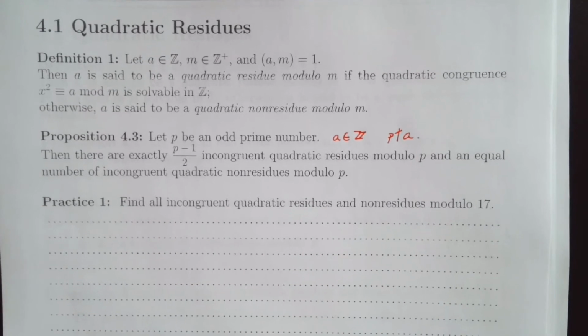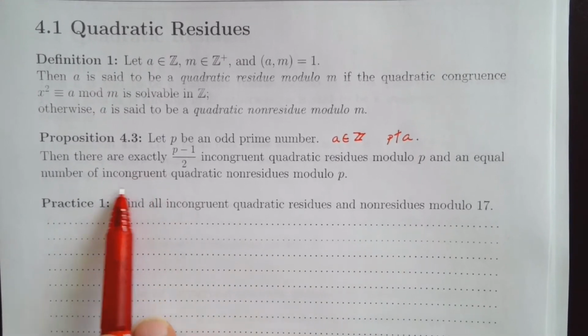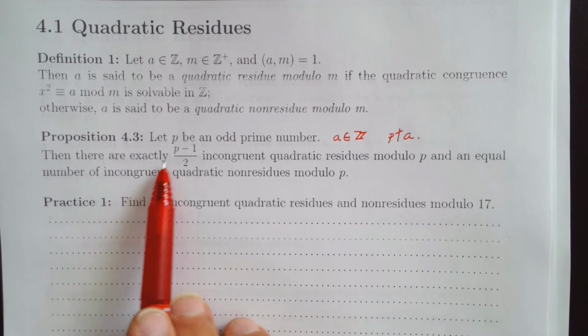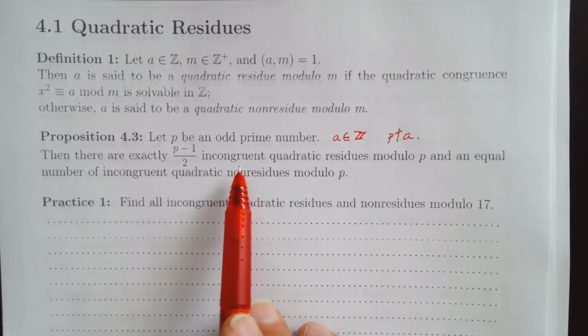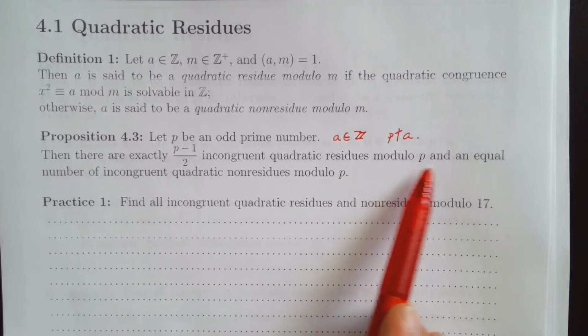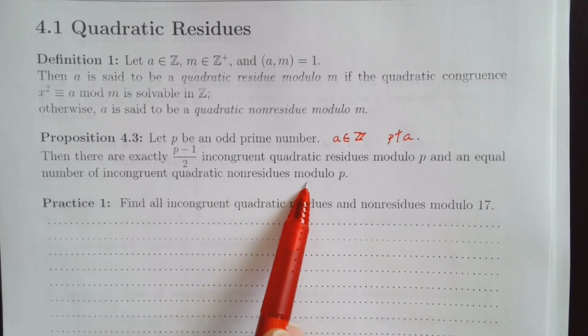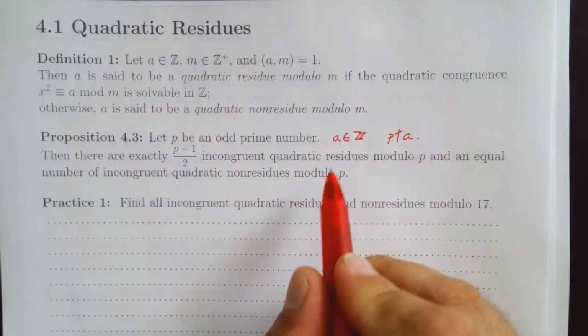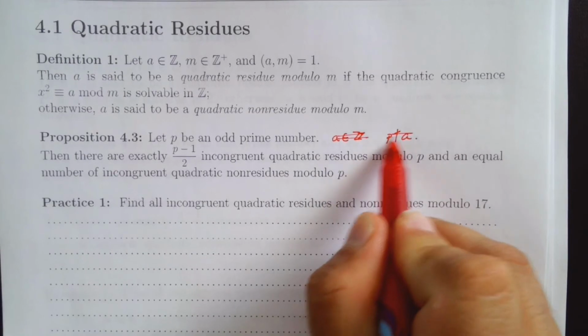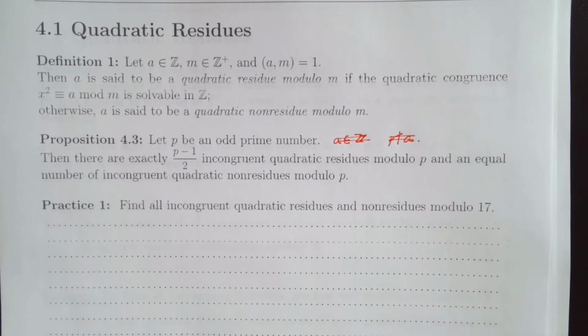Then there are exactly p minus 1 over 2 incongruent quadratic residues modulo p and an equal number of incongruent quadratic non-residues modulo p. Actually, you don't need this piece for our definition here. I was thinking of a different proposition.